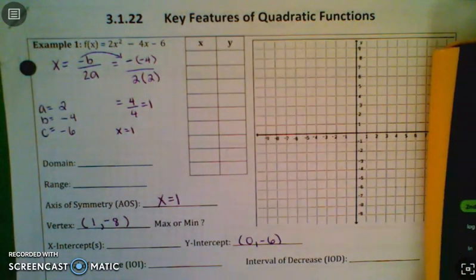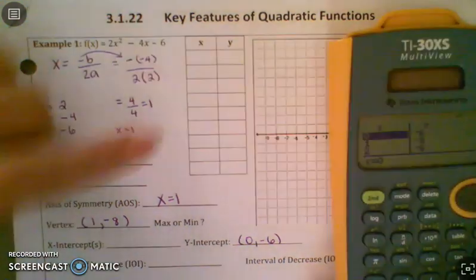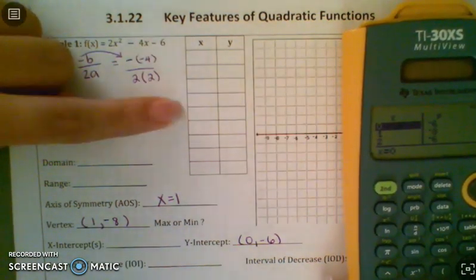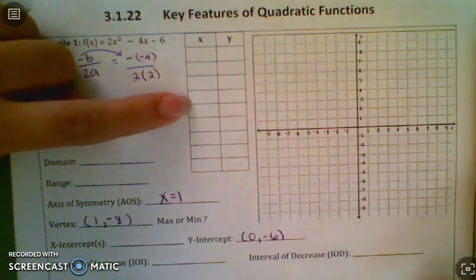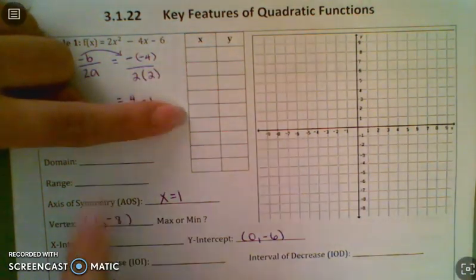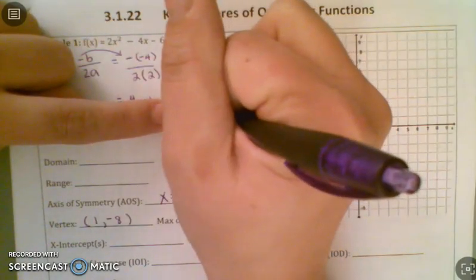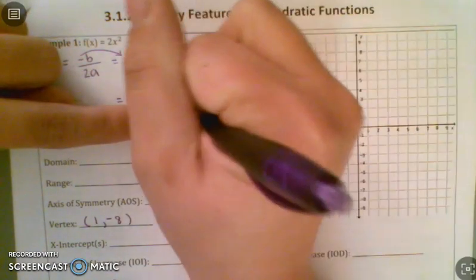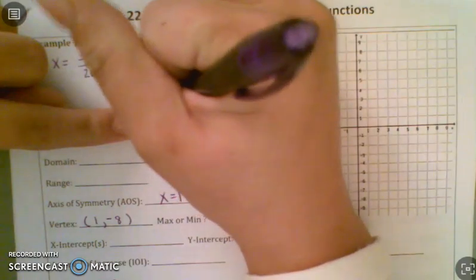Before I answer any of these other questions, I'm going to go ahead and make my table. In the middle of my table, or somewhere near the middle, I'm going to put my vertex. So I think this is the middle, 1, negative 8. You always want to put your vertex in the middle.